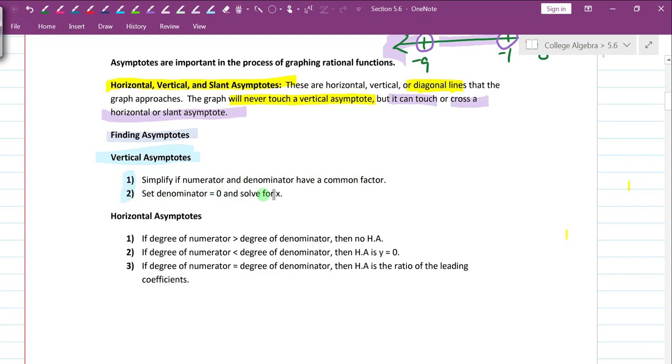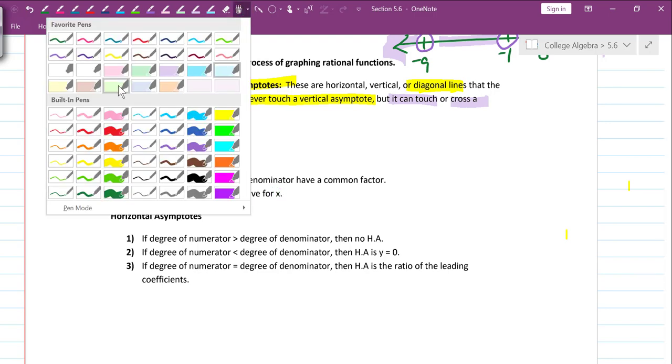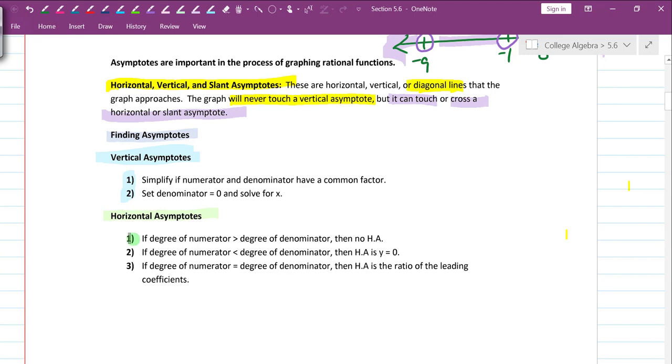To find our horizontal asymptote, step 1, we're going to examine the degree of the polynomial in the numerator as well as the denominator. And we're going to use that information to determine if we even have a horizontal asymptote and what it's like. If the degree of the numerator is greater than the degree of the denominator, then there is no horizontal asymptote.